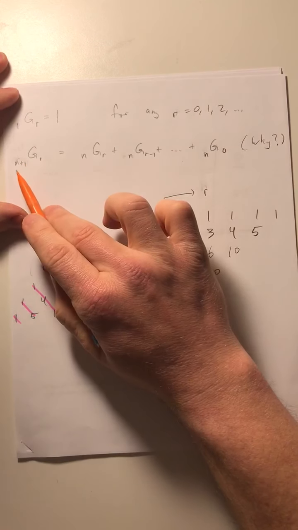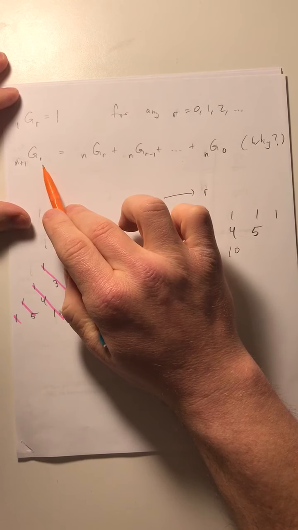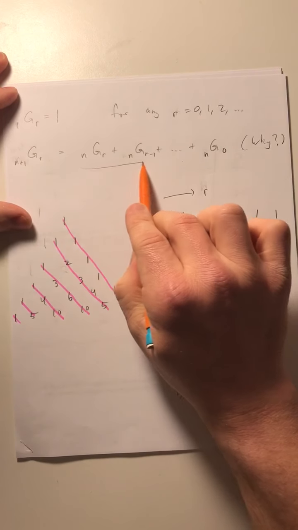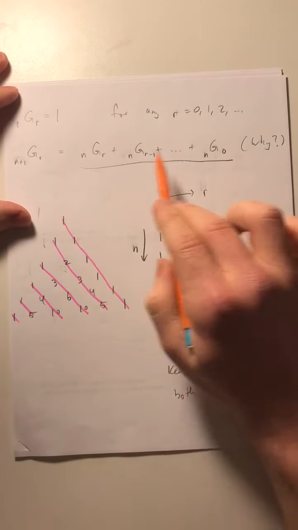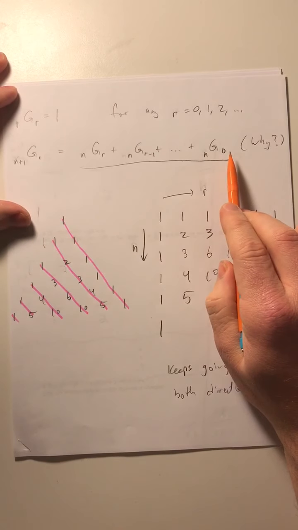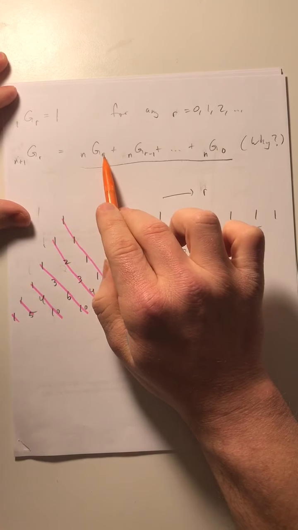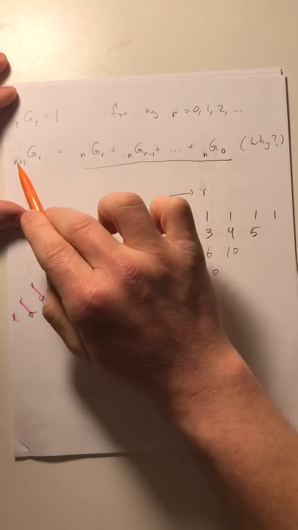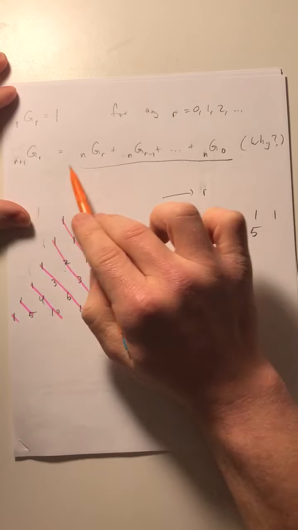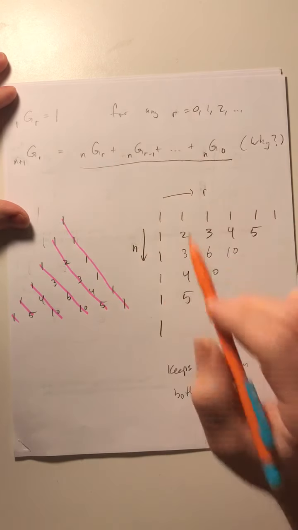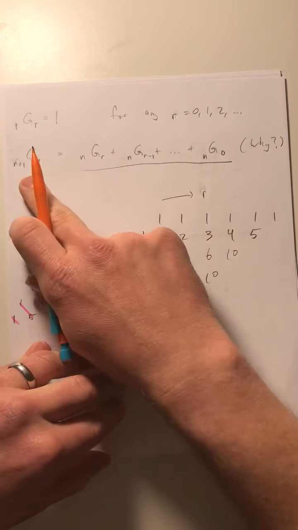Okay? And now N plus 1 G R means I want to put R balls in N plus 1 bins. There are this many ways to do it. Right? So this is a recursive formula here. So I'm defining N plus 1 G R in terms of N G other things. So here the N plus 1 bin scenario is reduced to something that's in terms of the N bin scenario. Why is this equal to this?